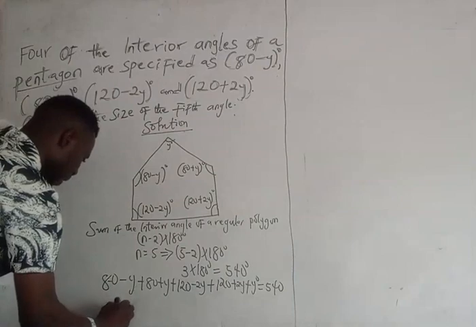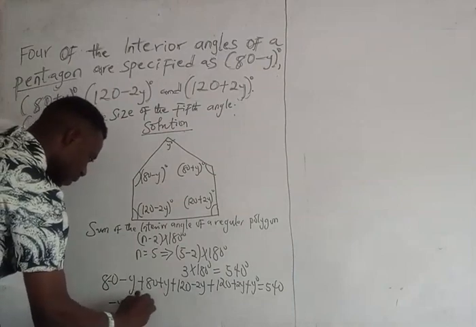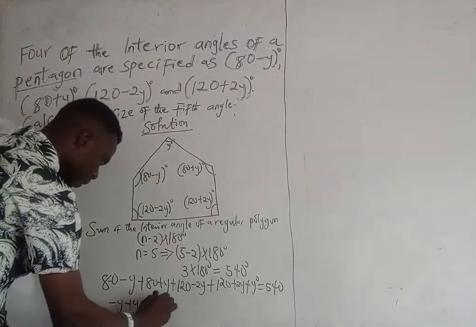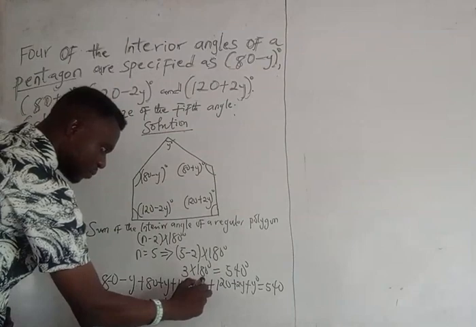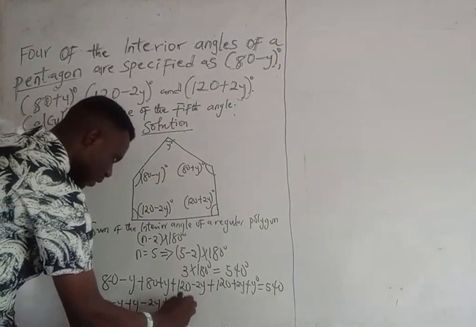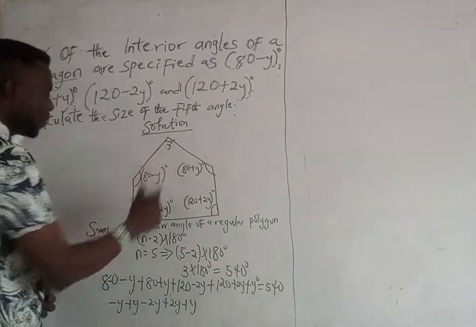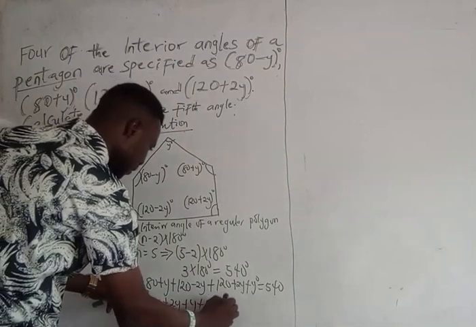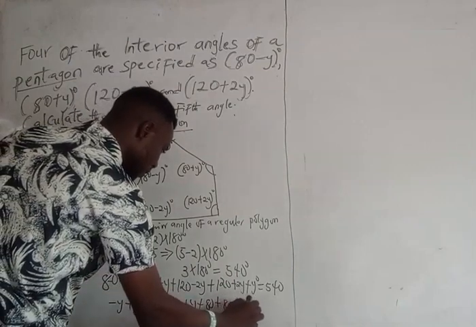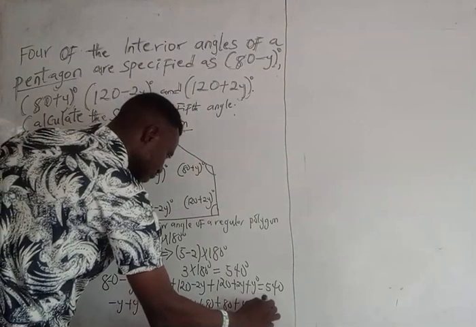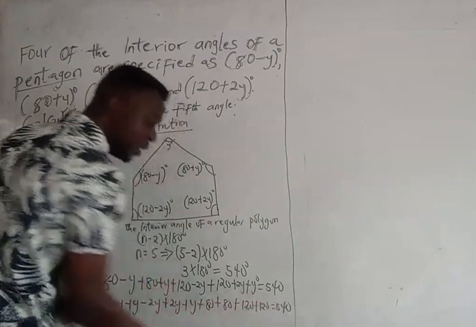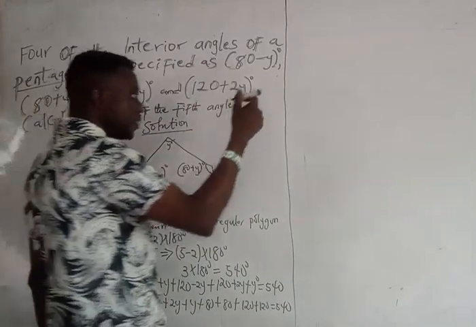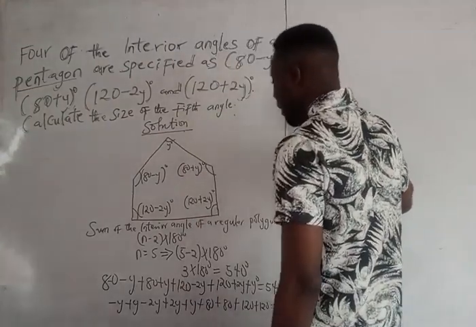So we have minus y plus y, minus 2y plus 2y, then plus the y which is the size of the fifth angle, then plus 80 plus another 80 plus 120 plus another 120, everything equal to 540 degrees.